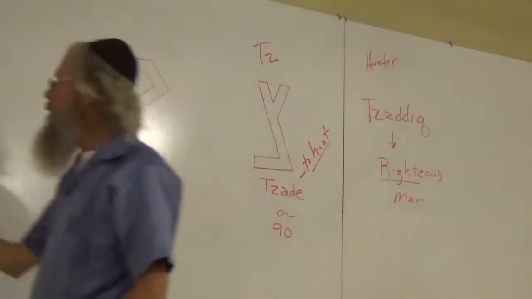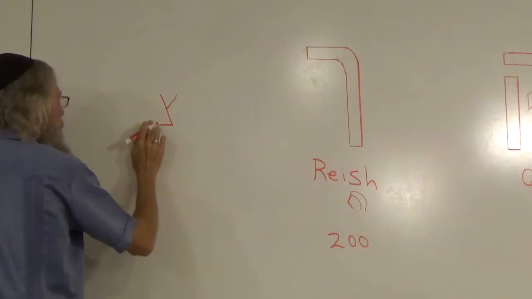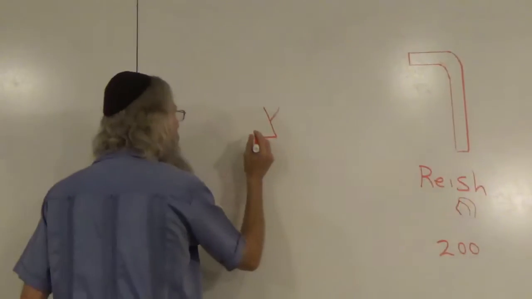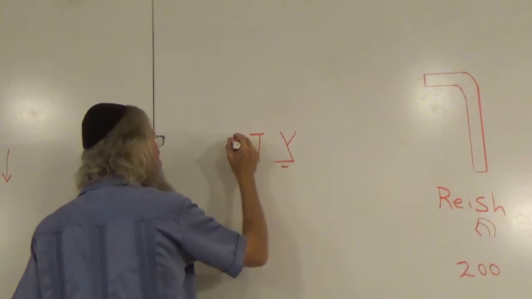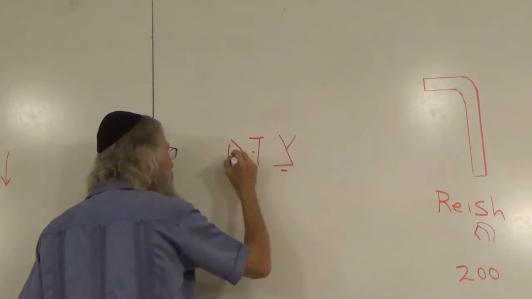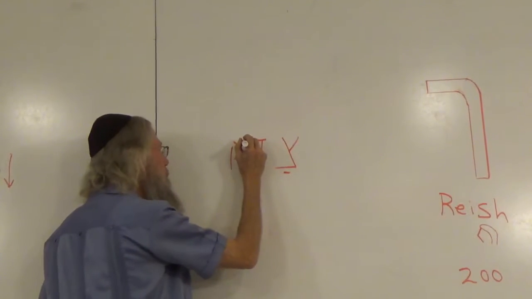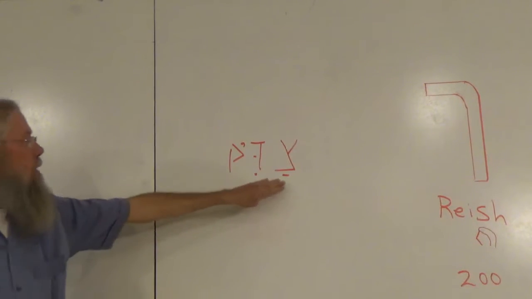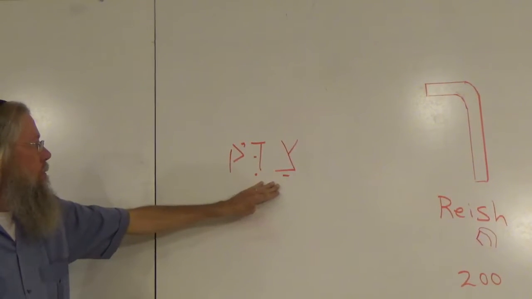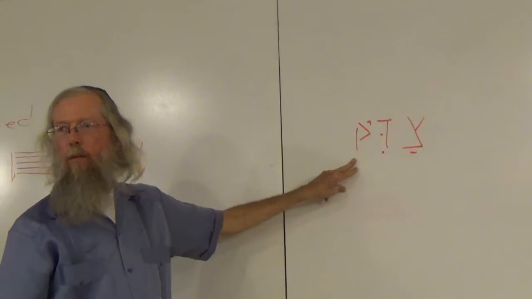So, tzaddik. Actually, there should be an I here. Tzaddik. You take tzaddik right here. You add a quph. And it becomes tzaddik.